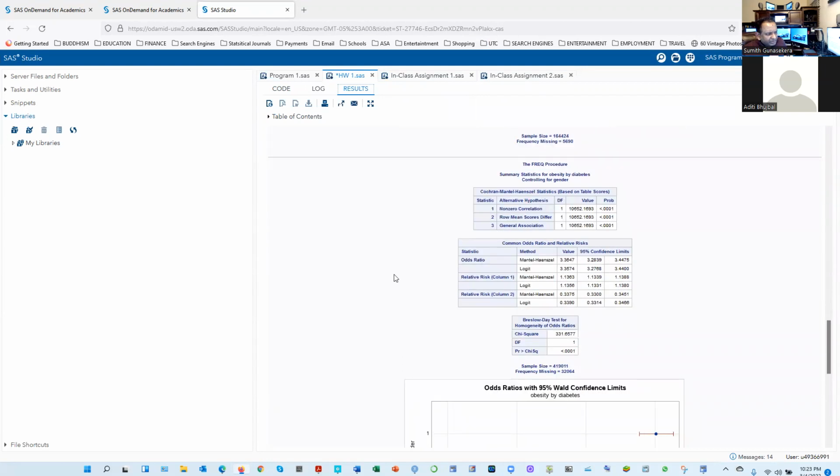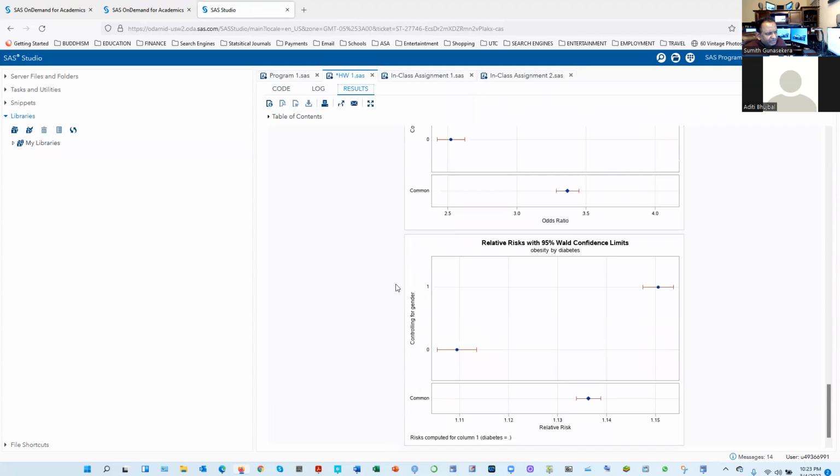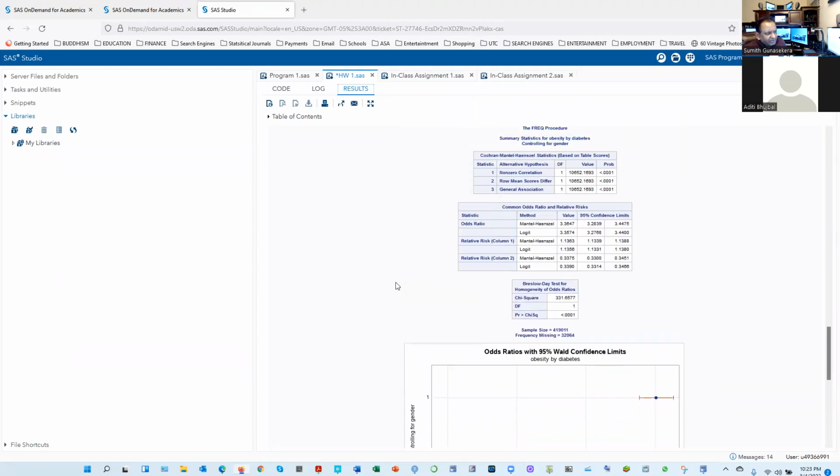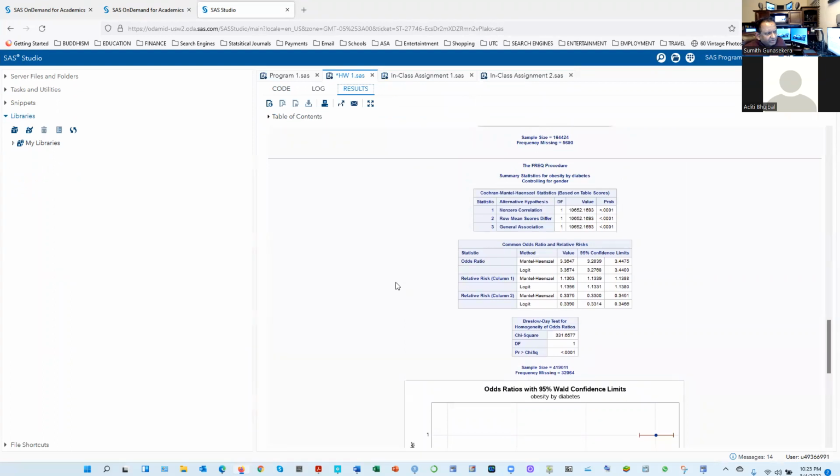Where is that one? Relative odds ratio with the Wald confidence interval. See, here. See, odds ratio, Mantel-Haenszel, 3.367. Logit means instead of taking the odds ratio, you can get the log on that one.